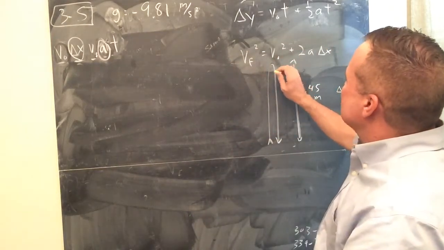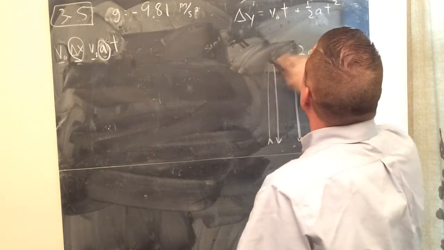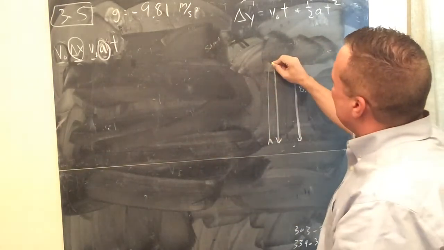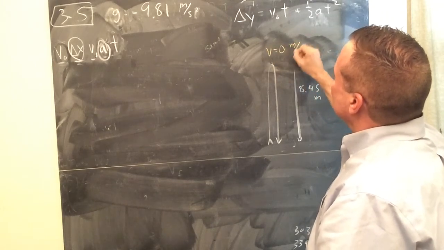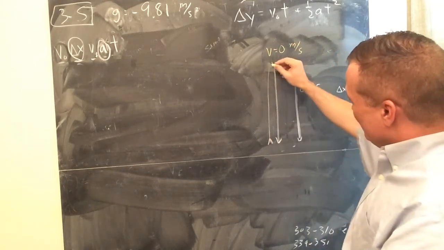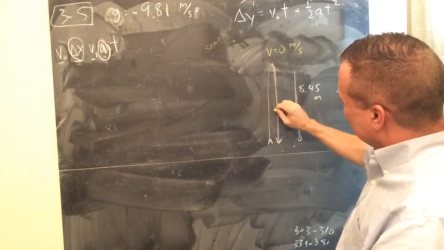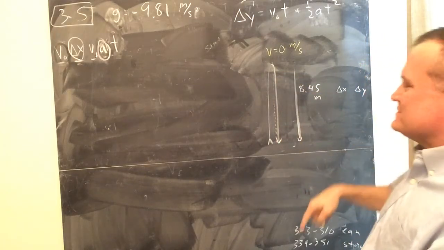All right, so at the highest point, I'm going to keep my drawing there. At the highest point right there, we know the velocity is 0. And also we know that it traveled downward 8.45 meters.